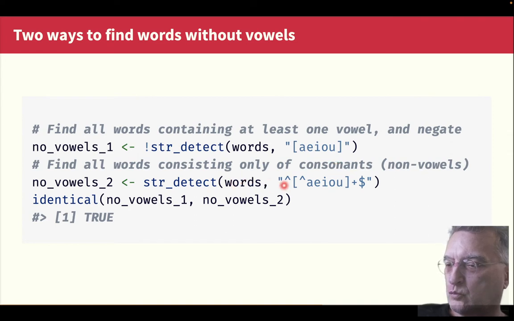So this is a word that starts with the negation of a vowel, followed by at least one such character, followed by the end. So this is going to be all consonants up until the end. And then we check to see if these two are identical, and indeed, they return the same result.